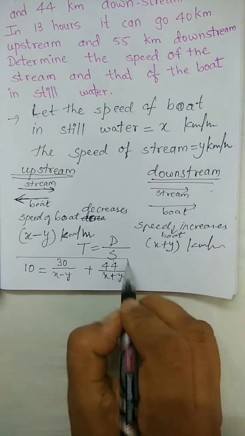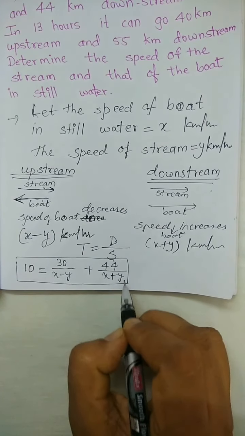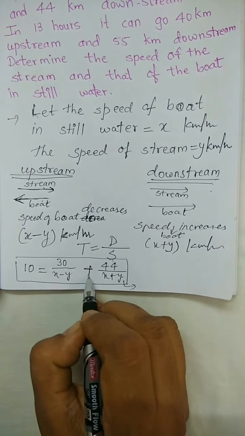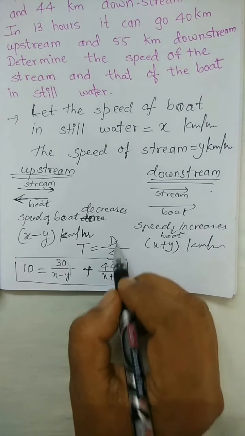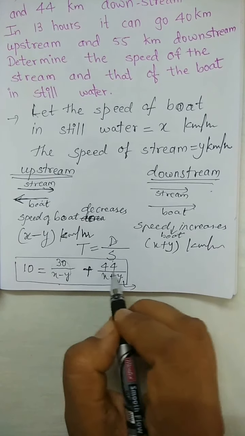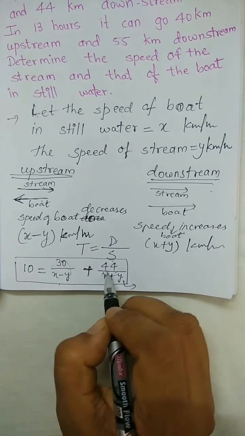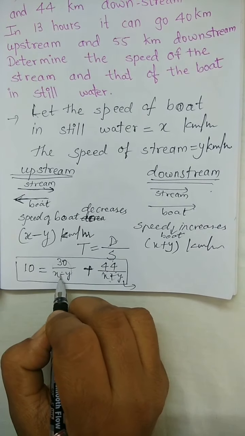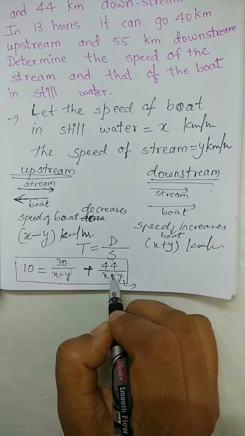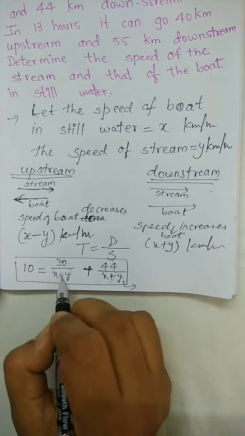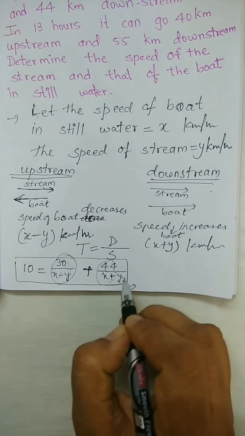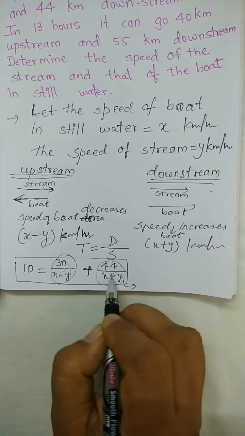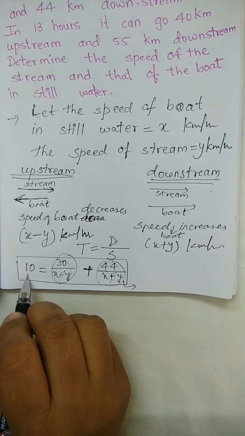This is the first condition. Why have we added? Because total time is 10 hours. Total means you have to add distance upon speed during upstream plus distance upon speed during downstream. Total includes upstream time and downstream time. Both we have added. This is the time for upstream. This is the time taken for downstream. If we add both the times, total time taken is 10 hours.